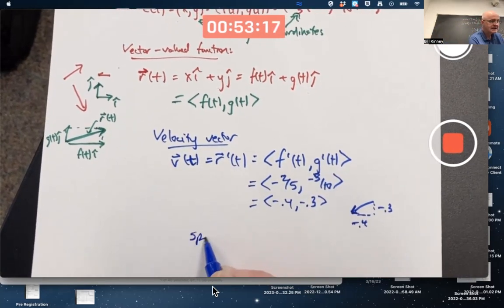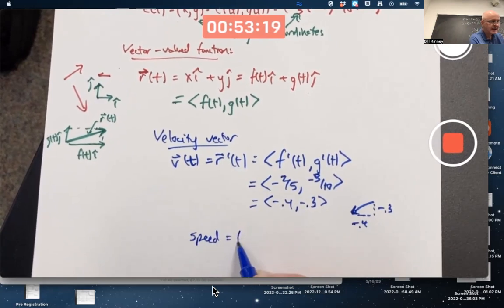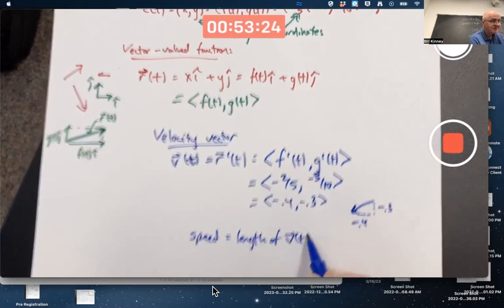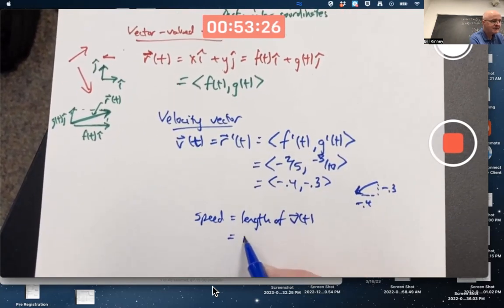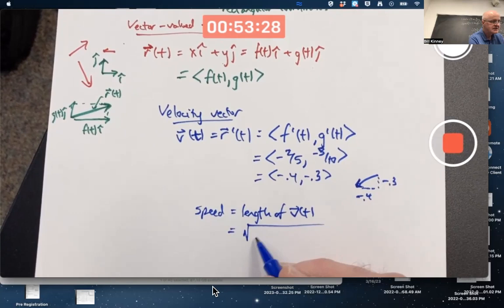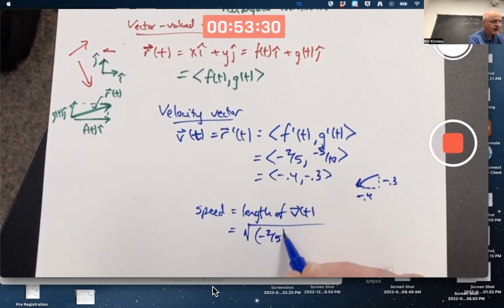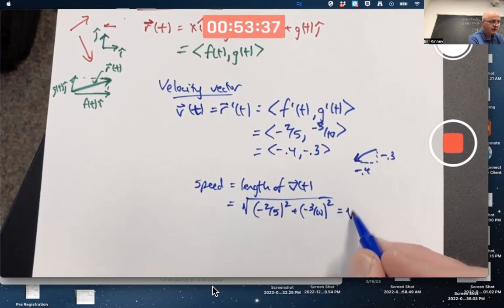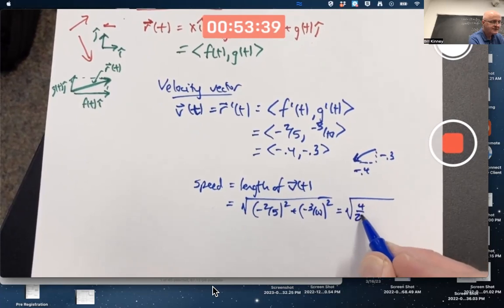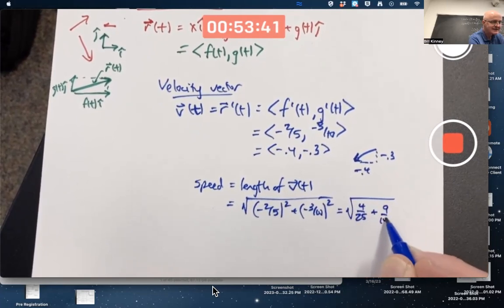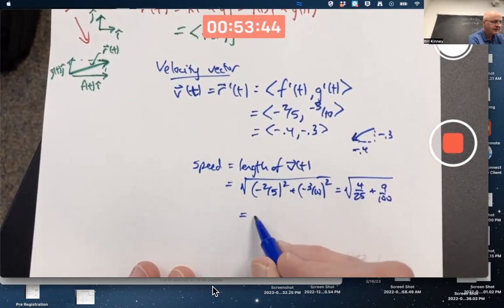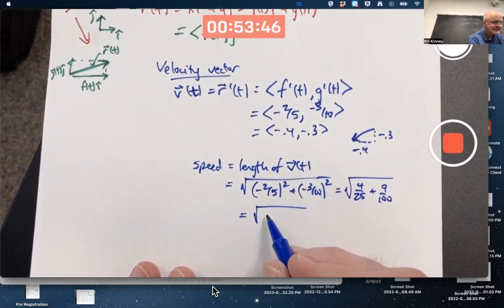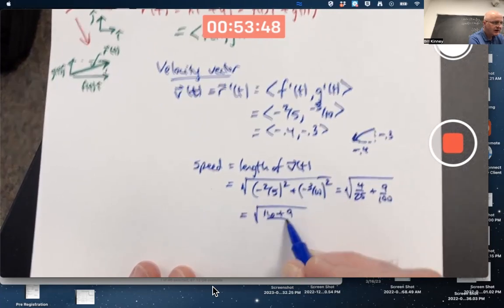The speed is the length of v of t, which is constant here, and it can be found with the Pythagorean theorem. Square root of (-2/5) squared plus (-3/10) squared. That's square root of 4/25 plus 9/100. If you get a common denominator of 100, that's 16 plus 9 over 100.